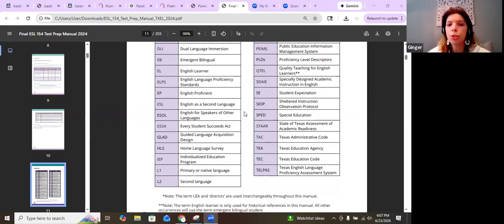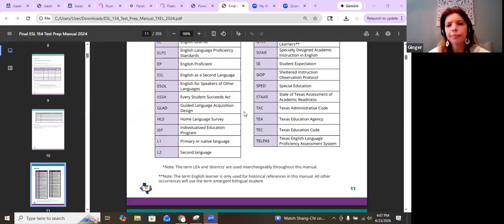SE is Student Expectation. SIOP stands for Sheltered Instruction Observation Protocol. SPED stands for Special Education.